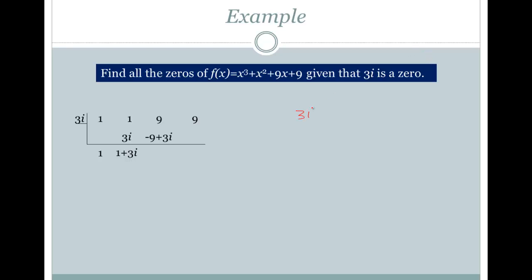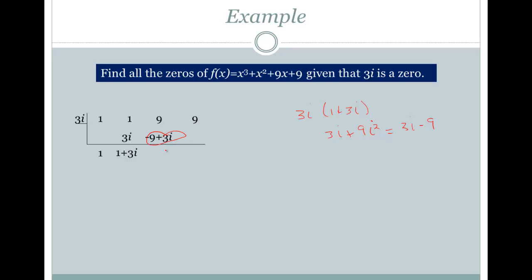I have 3i, and I want to multiply by 1 plus 3i, like that. I distribute through, so I get 3i plus 9i squared. Remember that i squared is negative 1. So this is going to be 3i minus 9, because i squared is negative 1. And that's where that term right there came from.